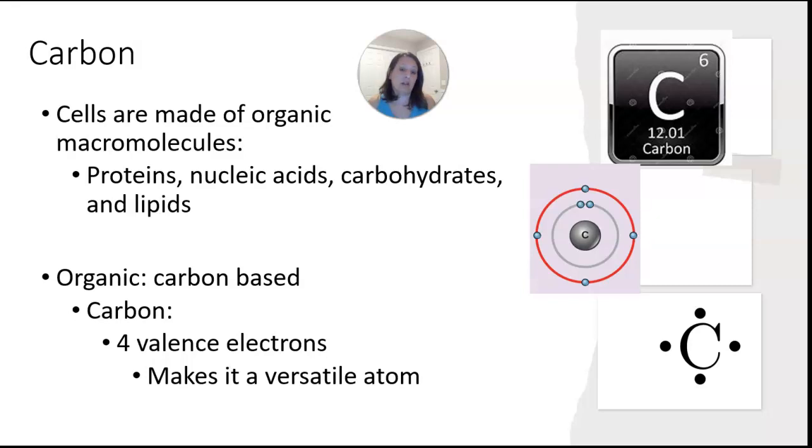We will also spend a lab on this material, and you'll actually build examples of proteins and carbohydrates and lipids. You don't actually build a nucleic acid, but you'll draw one. When you see the term organic, I want you to think carbon. Organic molecules, organic macromolecules, are going to be carbon-based.